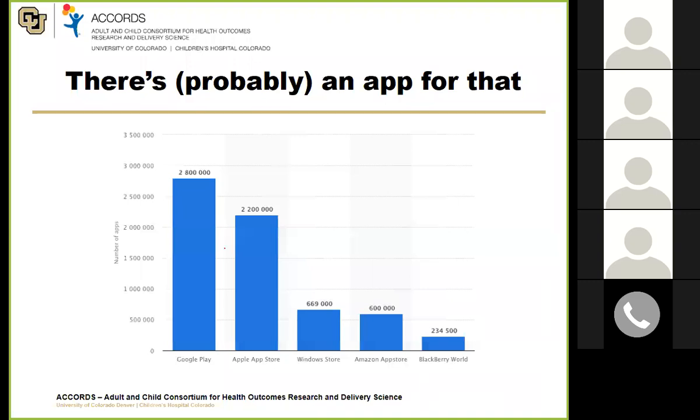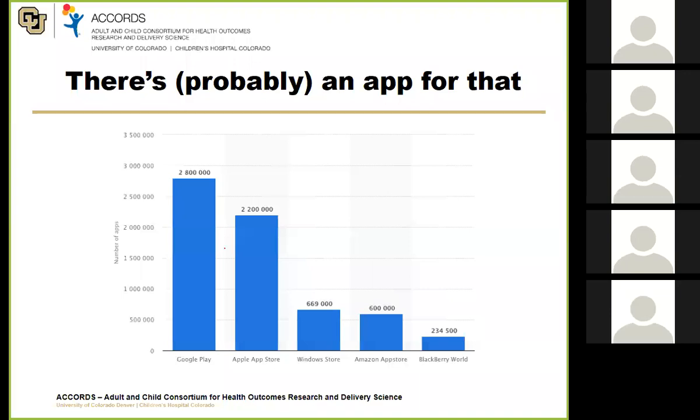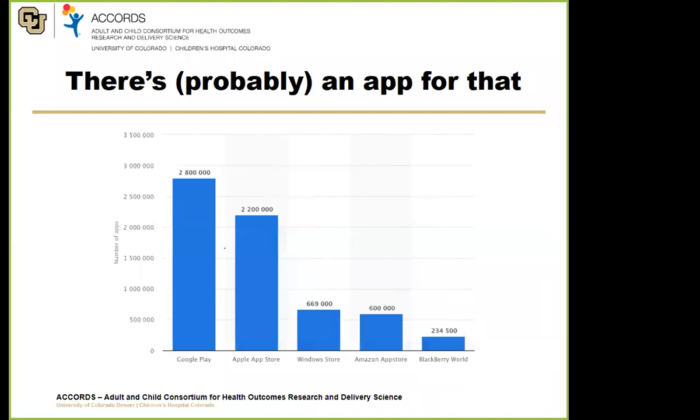Everybody's probably heard the saying, there's an app for that. It's more true than people may realize. So this graphic is from late 2017, and it shows the distribution of apps available in the most common app stores. The tallest one, the biggest one, is Google Play with 2,800,000, followed shortly by the Apple App Store with 2.2 million.